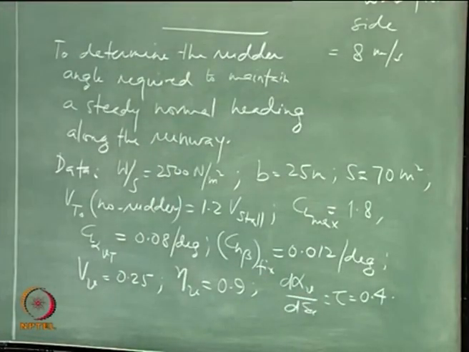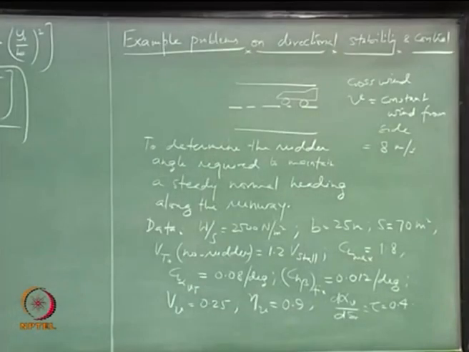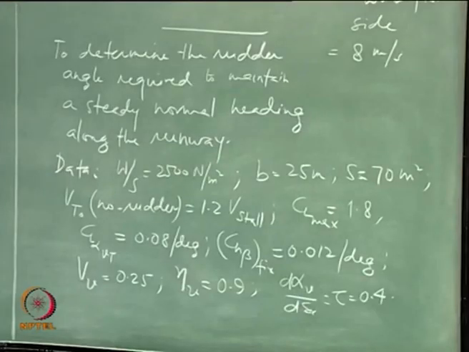Can you see this, all of you? So, I want to determine the rudder angle required so that I can fly along the runway, and there is a side slip because of the crosswind. So, what is the magnitude of the side slip angle?